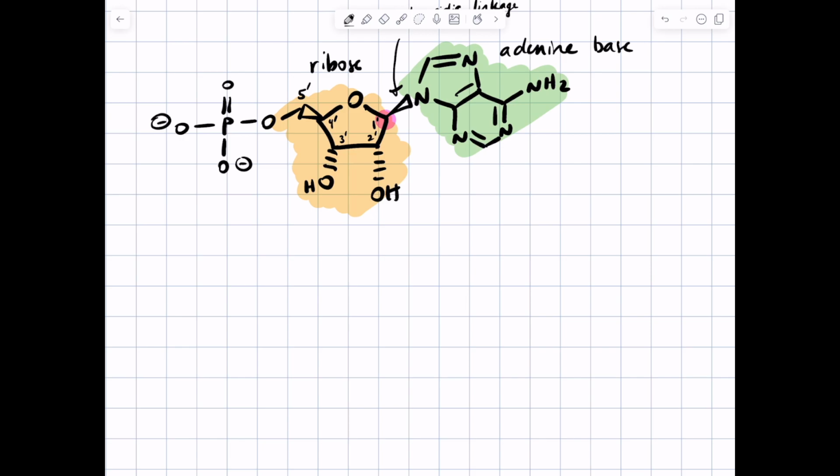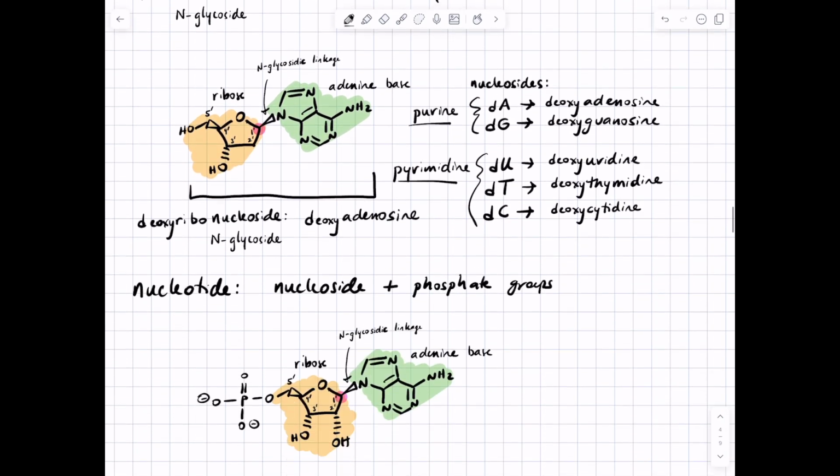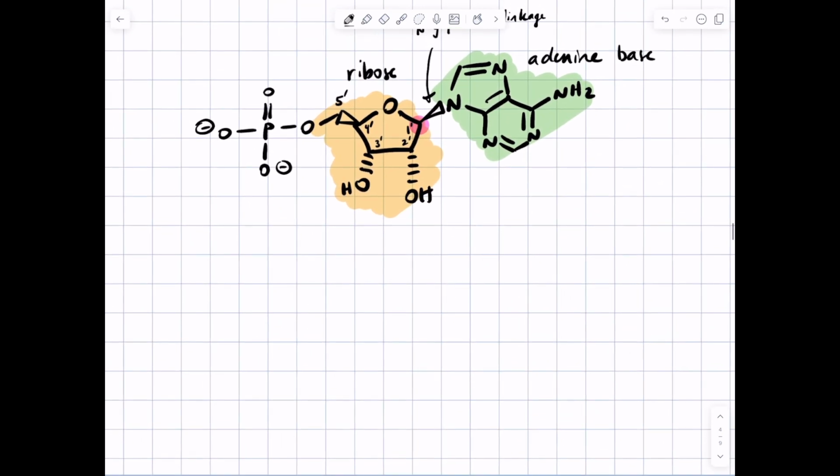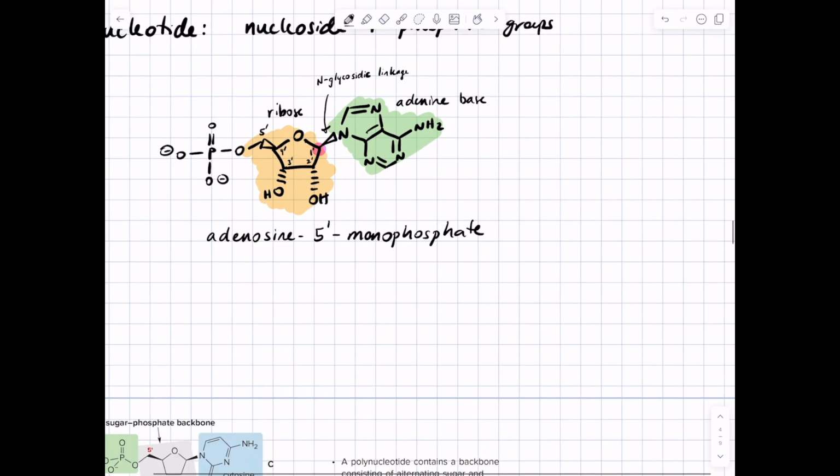There are 3 different hydroxyl groups in adenosine that could have the phosphate, and so our name for this needs to account for that. The name for this is adenosine 5' monophosphate. But you will see this abbreviated in biochemistry as AMP.